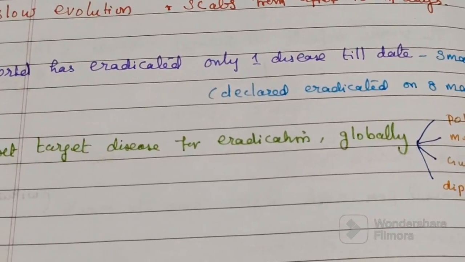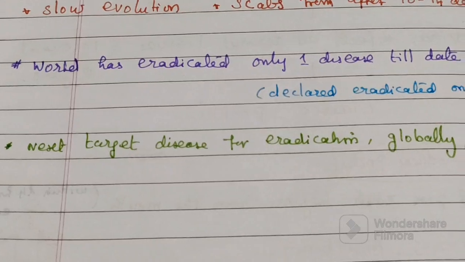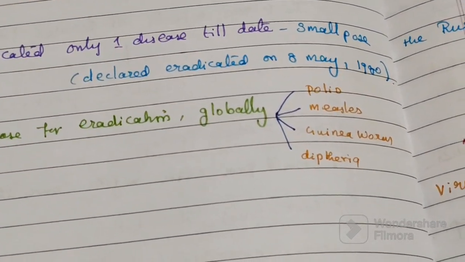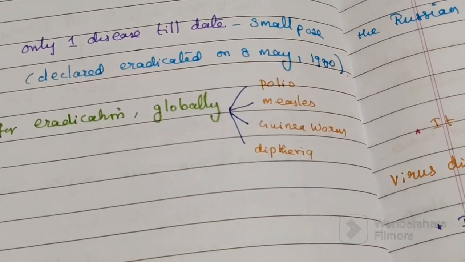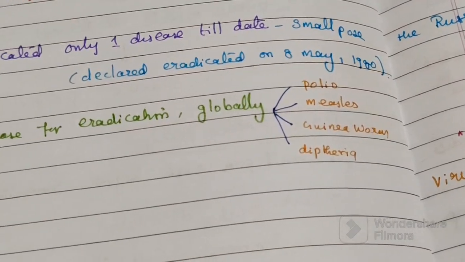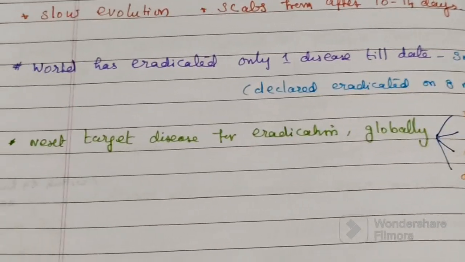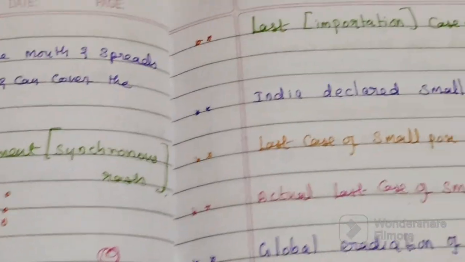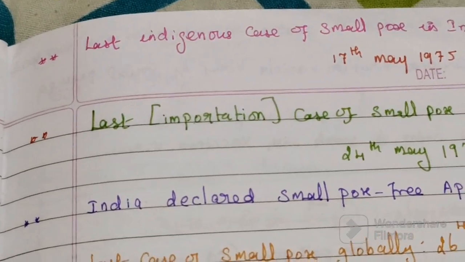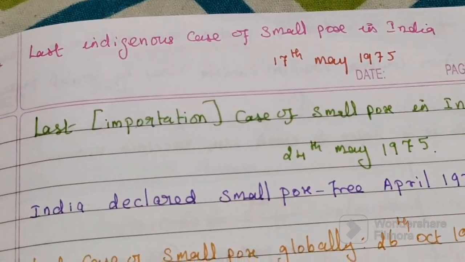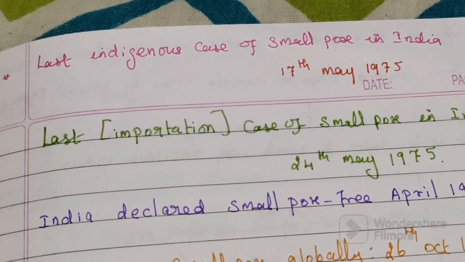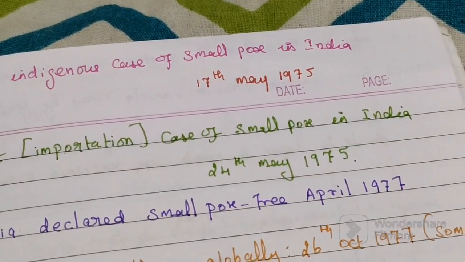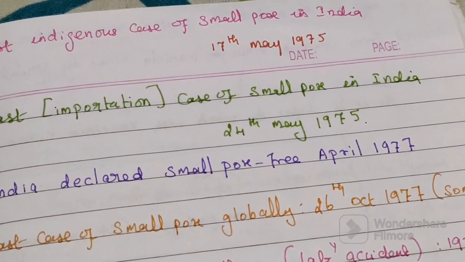Next, targeted diseases for eradication globally: polio, measles, guinea worm and diphtheria. This is the list of eradicated diseases. The world was declared free of smallpox on 8th May 1980.